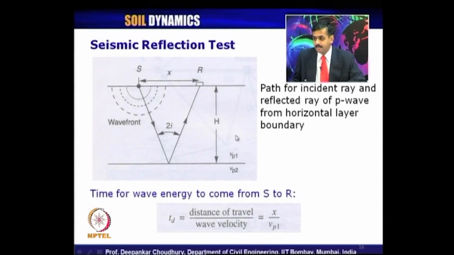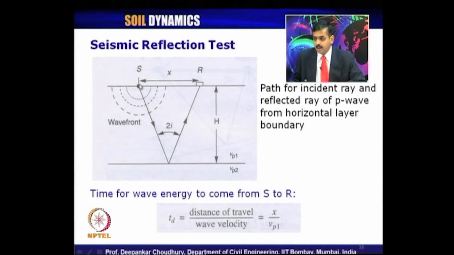Suppose we have layered soil media like this, and these are horizontal layers, let us assume first, and the top layer is having a primary wave velocity or P wave velocity, say Vp1, and the second layer is having a primary wave velocity or P wave velocity of Vp2.